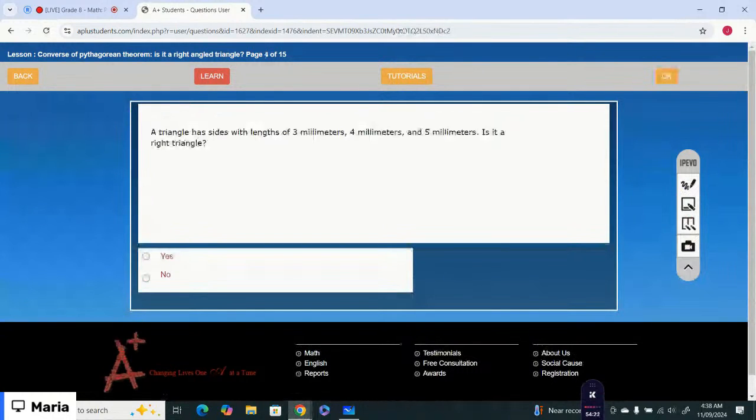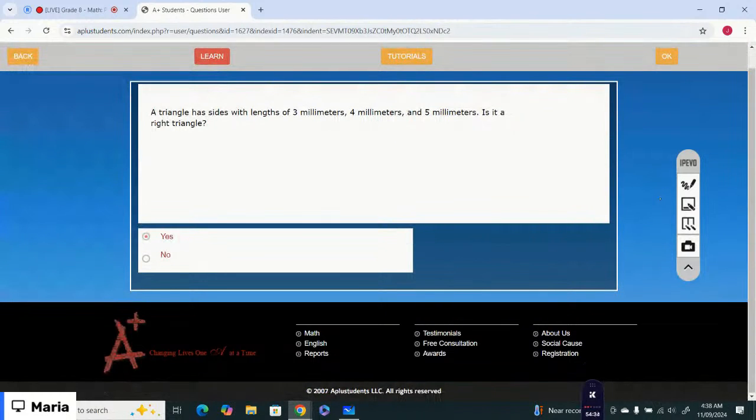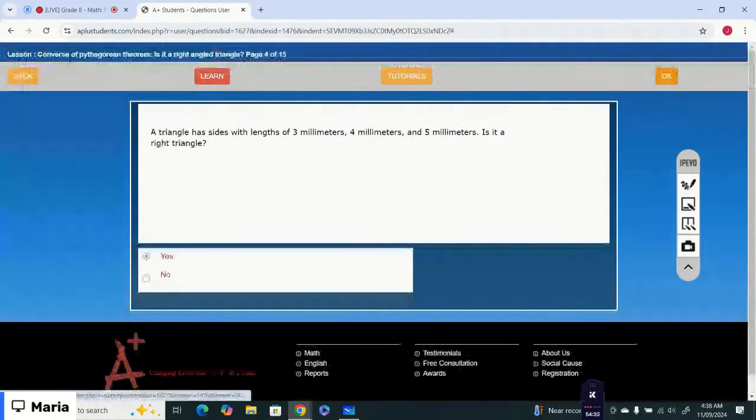A triangle has the side lengths 3 millimeters, 4 millimeters, and 5 millimeters. Is it a right triangle? Yes, it is a right angle triangle. The correct option is yes.